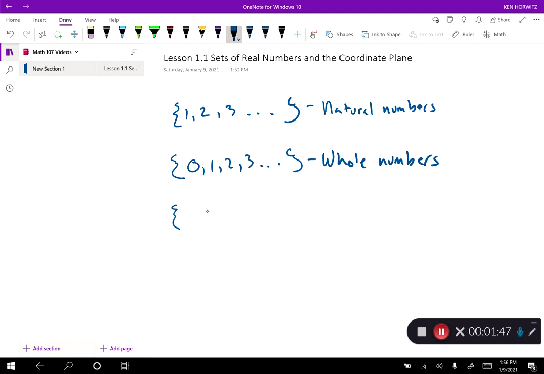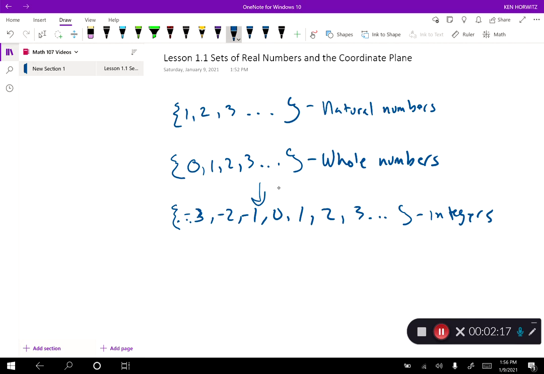So, when someone started playing with negative numbers, right? We call this set the integers. Now notice, the natural numbers and the whole numbers are both sets that are included in the integers. So we're only expanding our number set.